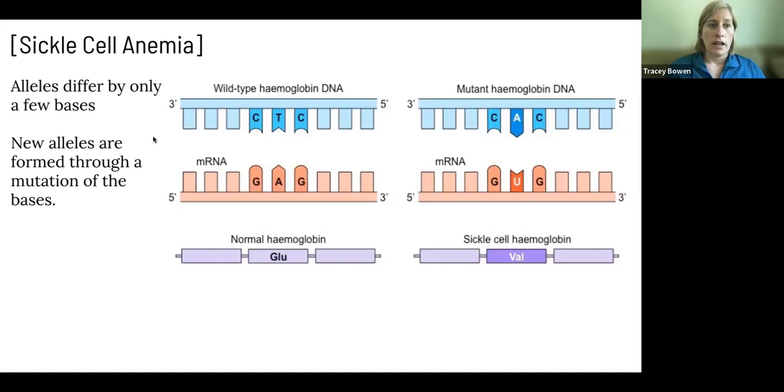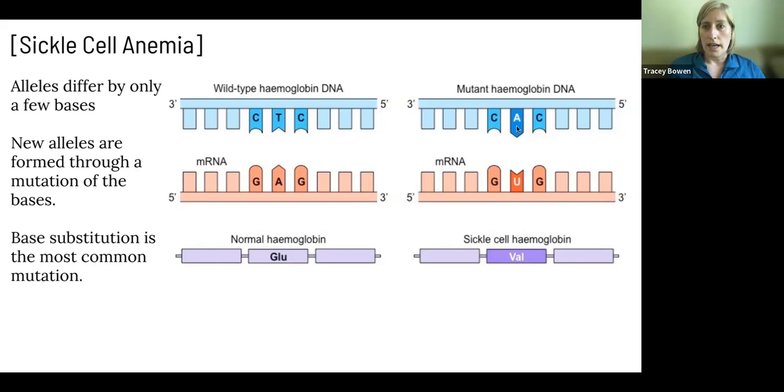And so mutations are occurring randomly all of the time, but a base substitution mutation is what's going on in sickle cell anemia. What's happened here is the T base has been replaced by an A base. So when the messenger RNA is made, it goes from GAG to GUG.